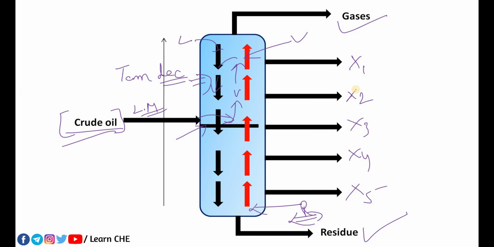If this is petroleum, we may simply say that we are getting naphtha, diesel, kerosene, lubricating oil, wax, these types of products. This x1, x2, x3 may be these. So how are we getting gases from the top, x1, x2, x3, x4, x5 in between, and in the last the residue?